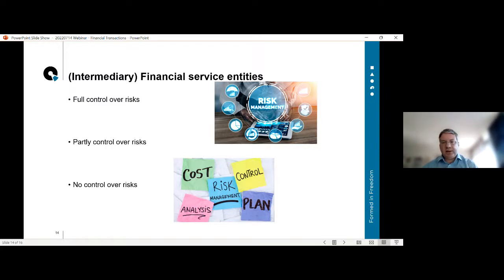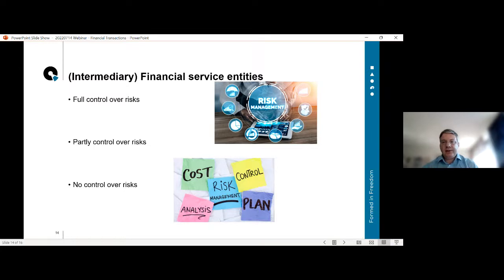So that is something you would expect with an intermediary financing entity that does not have any substance or just has some directors that merely carry out what they are instructed to do without any specific knowledge on treasury activities.